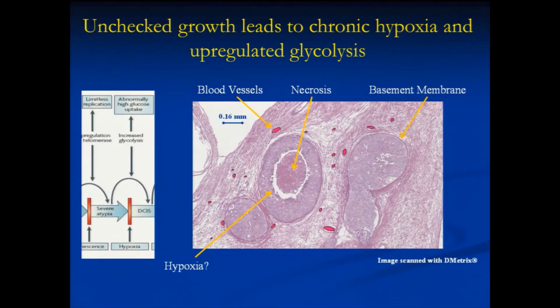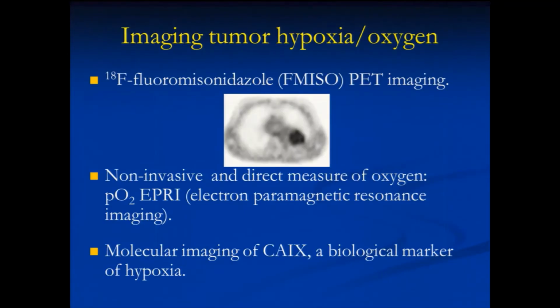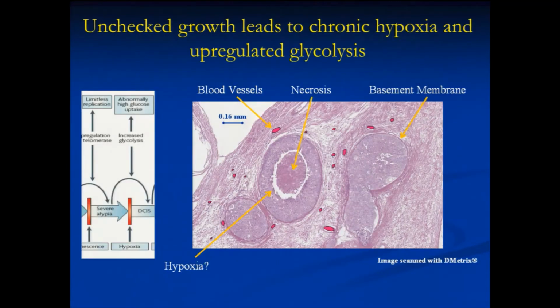So this unchecked growth can lead to chronic hypoxia and upregulated glycolysis. If you look at these breast tumors, these early tumors are all encapsulated in a basement membrane, and they're avascular. You can see the vessels surrounding these small tumors.